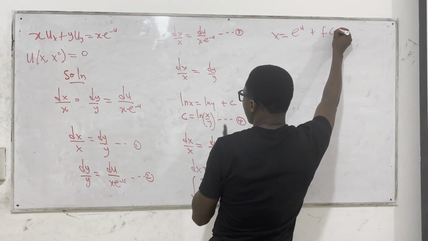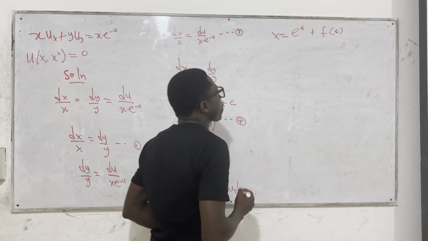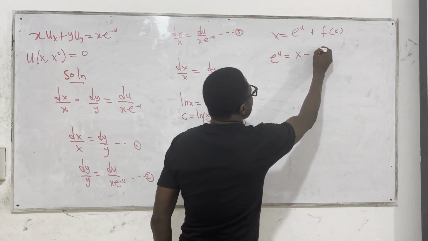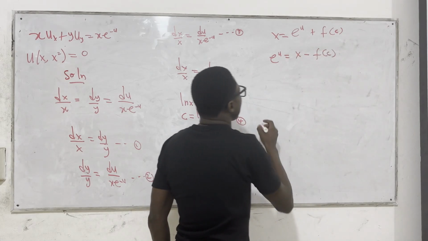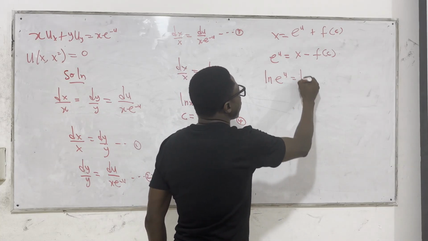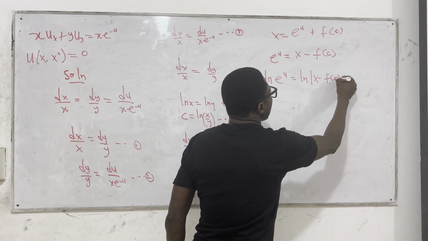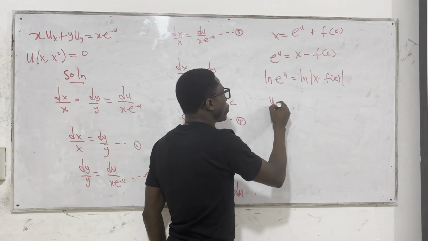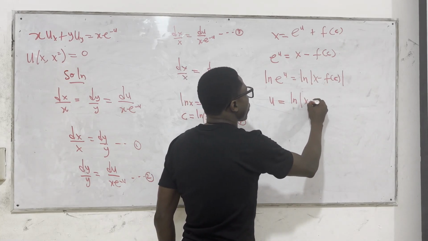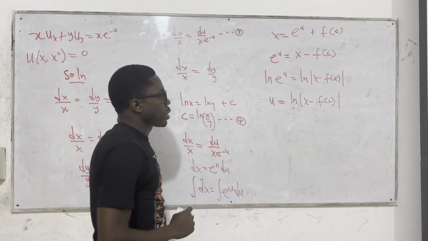And then we have already defined our constant here. We have c, constant c. So e to the power u is equal to x minus f of c. And then if I take the natural log of both sides, I have u is equal to natural log of x minus f of c with the absolute sign.